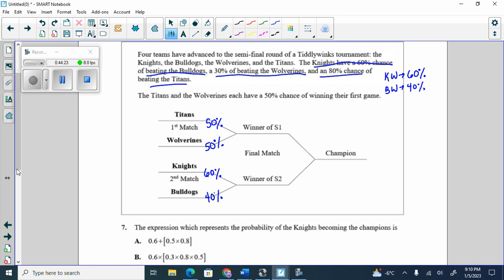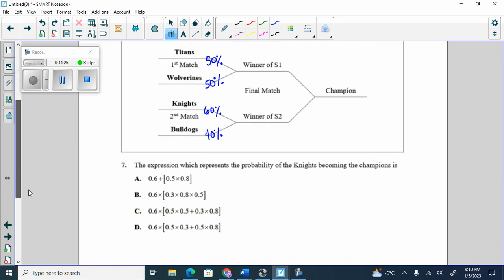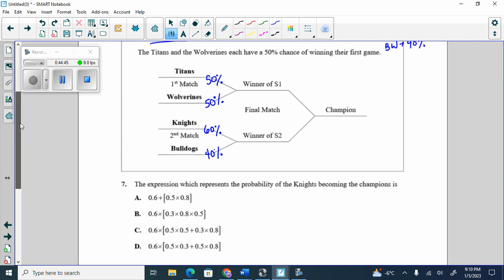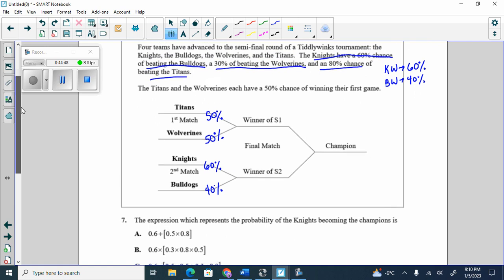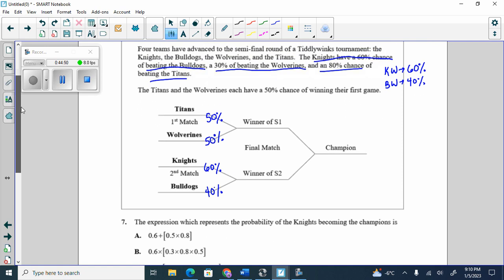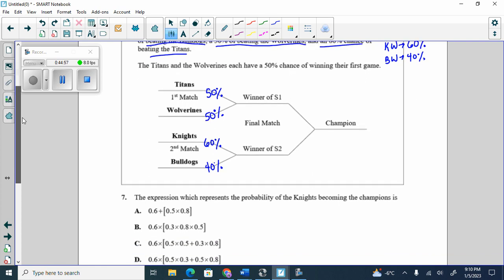And then here it says the expression which represents the probability of the Knights becoming the champions. So we could have, okay, what if the Titans win? If the Titans win and they have 20% chance of beating the Titans. So that's 0.5 times 0.2.